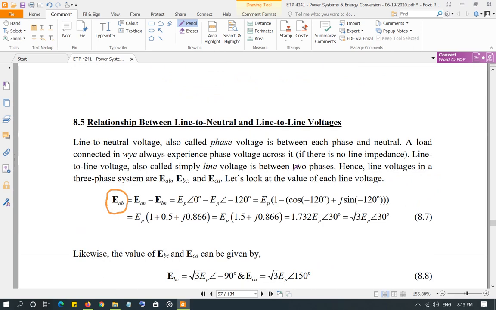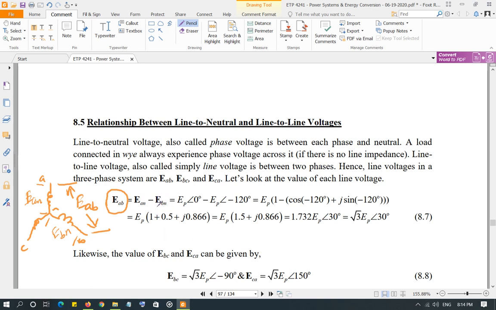So if you have three phases, let's say this is your neutral, your A, your B, your C. So this voltage is EAB between A and B. So EAB is equal to EAN, EAN is this, minus EBN. EBN is this, right? So that's going to be EAB equals EAN minus EBN.